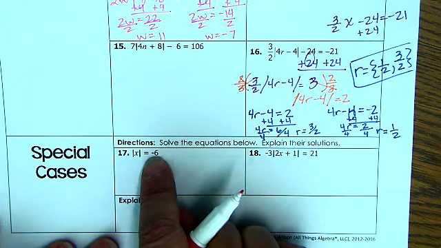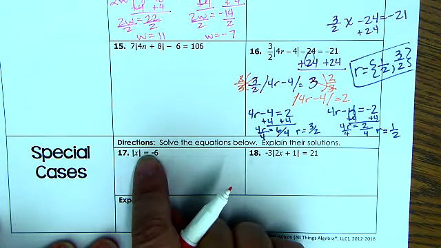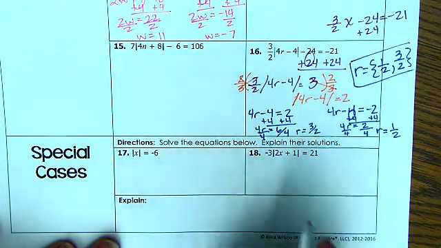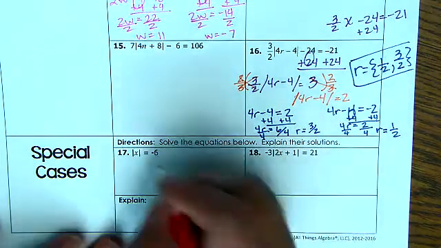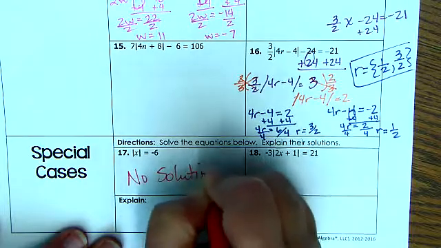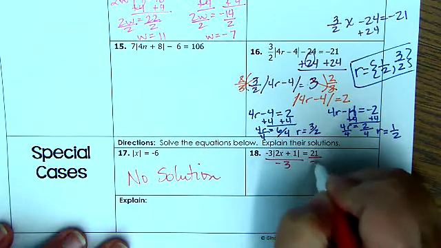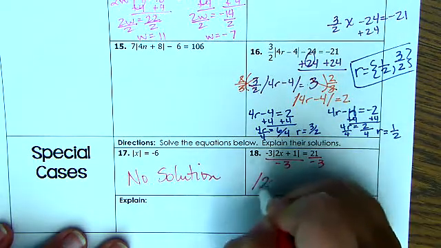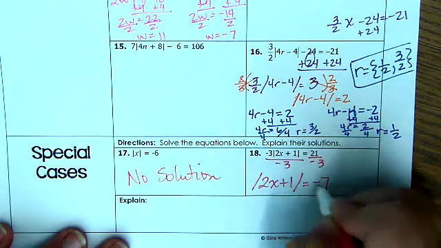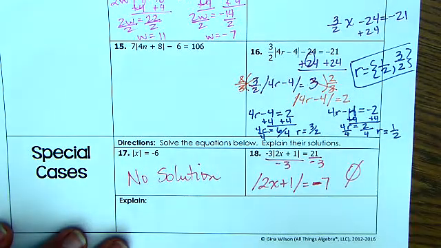So therefore, when it's absolute value by itself equal to a negative number, if it's ever equal to a negative number, when it's just the absolute value symbol by itself, it is no solution. So for here, okay, I've got to divide by -3, divide by -3. And I have absolute value of 2x plus 1, absolute value equals -7. That's a negative number, so therefore this answer is no solution.